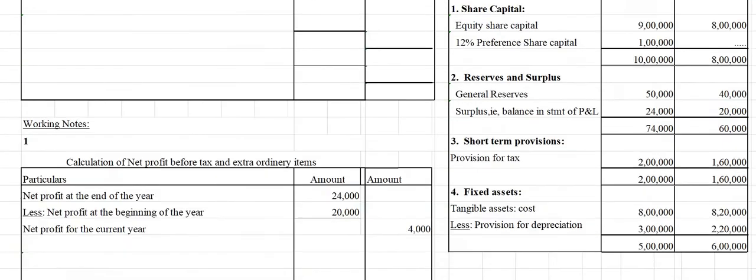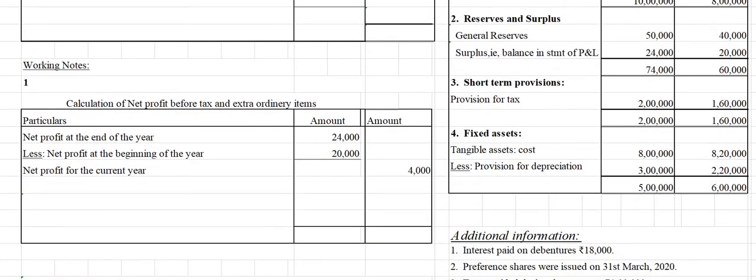So last year general reserve was 40,000. Now it became 50,000. That means this year how much is transferred to general reserve? Yes. 10,000 is transferred. So we will be writing here, add general reserve 10,000.